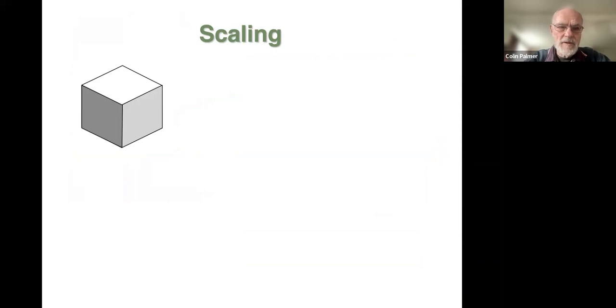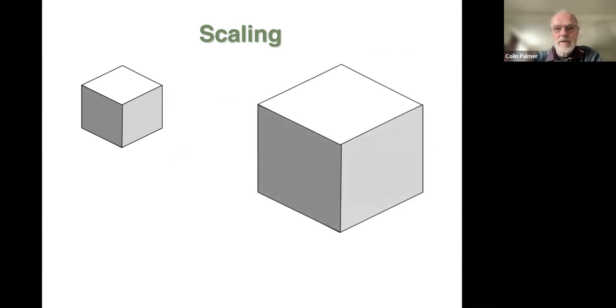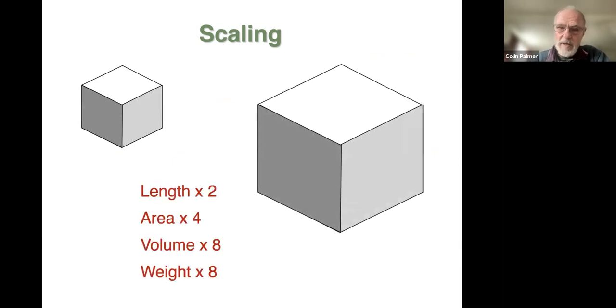So let's start with a simple cube. Let's assume that that cube is 1 centimeter, 1 centimeter, 1 centimeter sides, and we double it. So we've now got a cube which is 2 by 2 by 2. So it's doubled in linear dimensions, but the area of the faces has actually gone up by a factor of 4 because the area is 2 times 2, and the volume has gone up by a factor of 8.